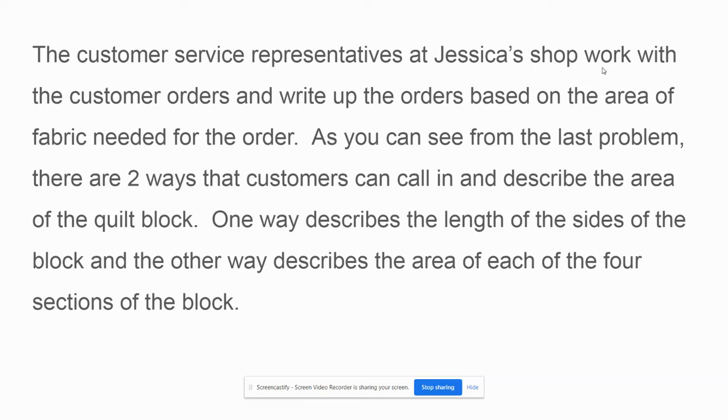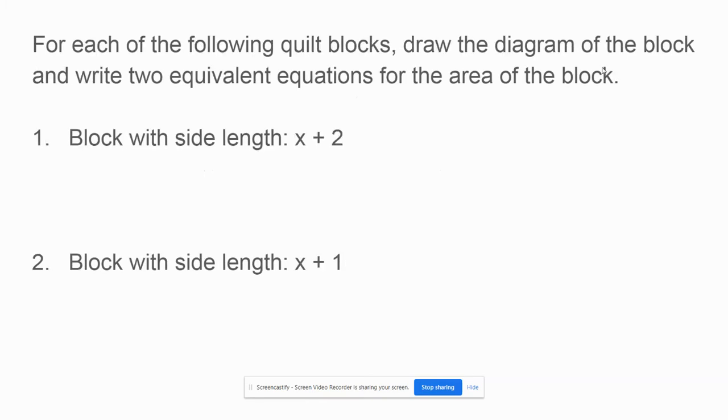And the other one describes the area of all 4 sections of our block. That was the x squared plus 6x plus 9. So what they're asking us to do now is, if we've been given these side lengths, can we determine what the area would be?